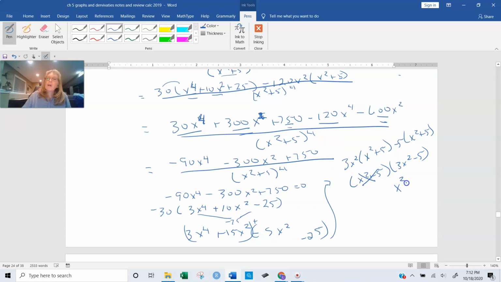So x squared equals 5/3. So the square root of 5/3, 1.3, I think is what I get, plus or minus. All right, so we got 1.3 is our inflection points. So now we're going to put a negative 1.3, a positive 1.3.